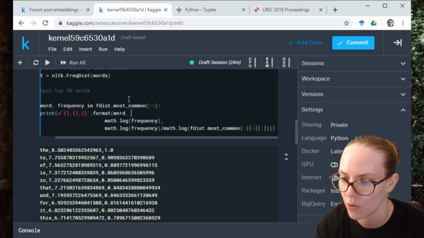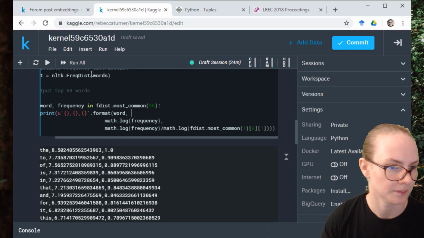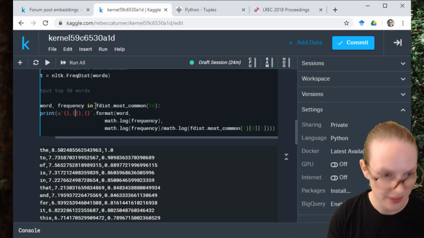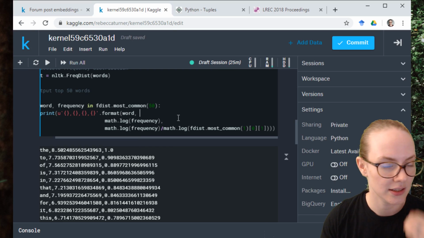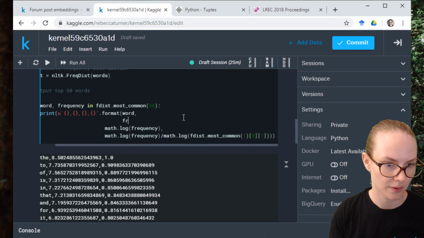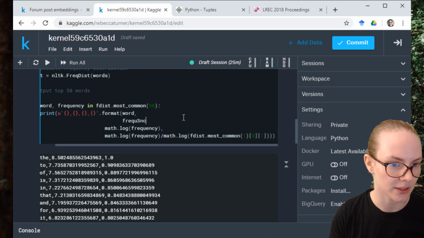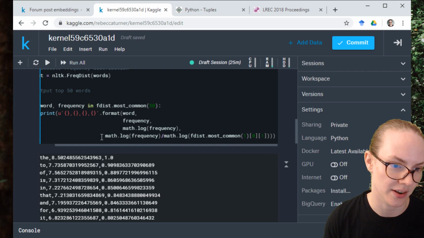I think I'm going to add another one that's word frequency. There we go. So we've got the word, the raw frequency, the log frequency, and then the measure of salience.